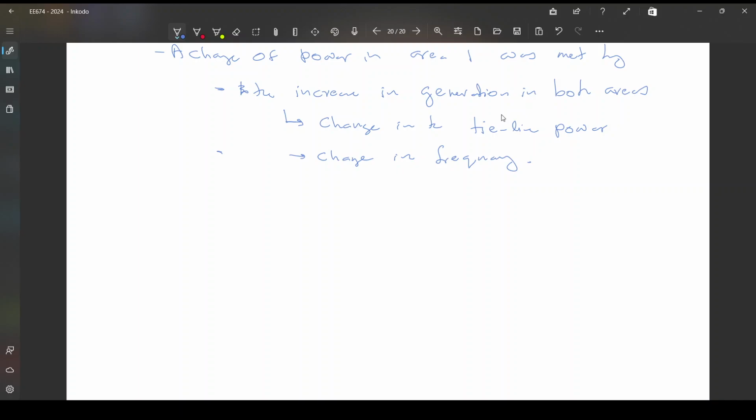So the idea here is to maintain the tie line flow, and the change should be supplied by the own generation in that particular area, right? So a very simple control strategy.